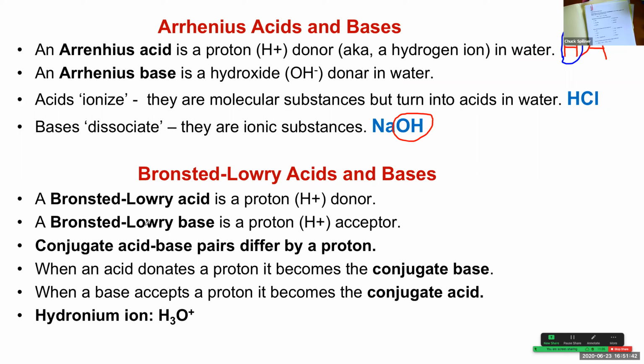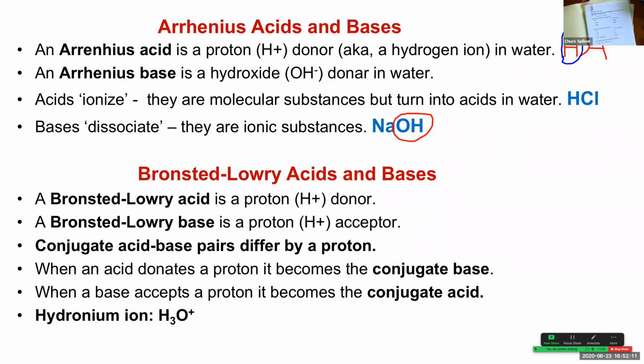Now, in an equilibrium involving a Bronsted-Lowry acid and base, there's also a conjugate acid and a conjugate base. Those appear on the product side. The substance that is an acid donates the hydrogen ion, and what's left over becomes a conjugate base.